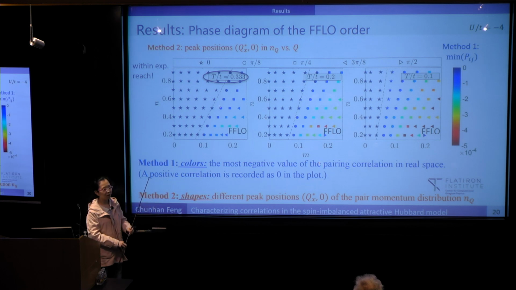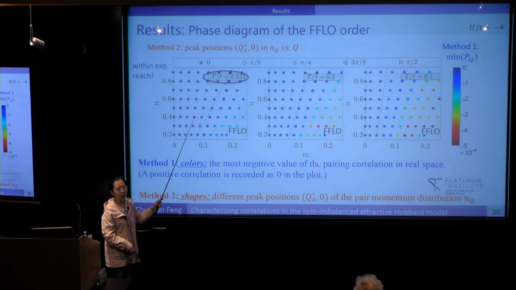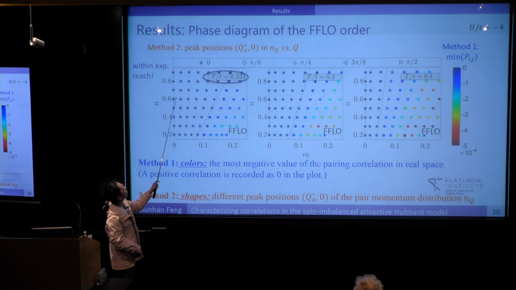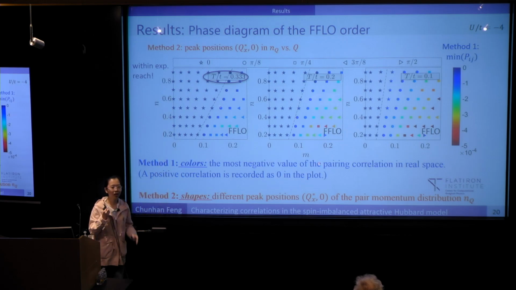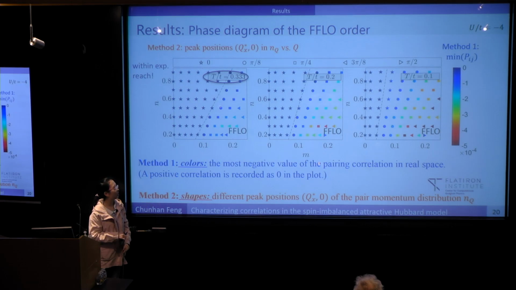And for the other things, for example, the short-range CDW pattern, I think those will mainly exist in the larger density regime, maybe around 0.7 or larger. So when density is not that low, some short-range CDW patterns will be there. But FFLO order should also exist at other densities.